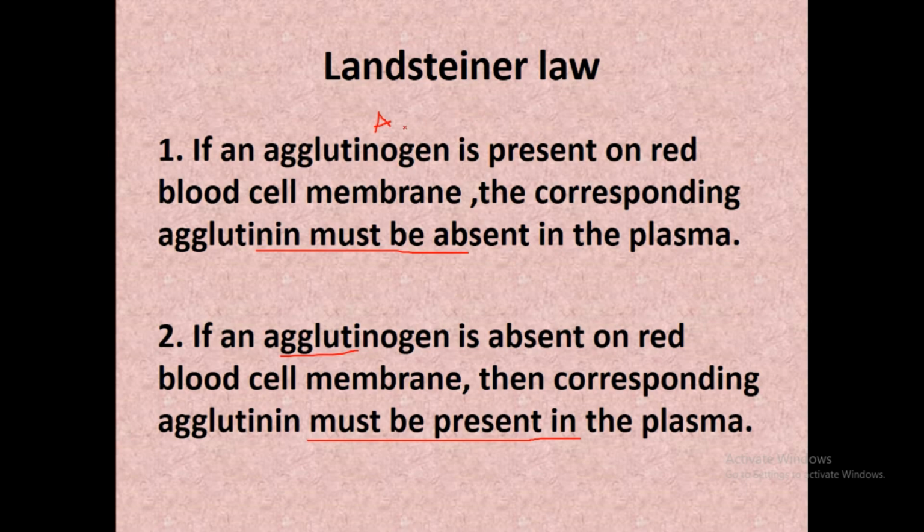If someone has blood group A, which has antigen A on the surface of RBC, then if agglutinogen A is present on the red blood cell membrane, the corresponding agglutinin anti-A must be absent in their plasma. So here agglutinogen A is present, so the corresponding agglutinin, anti-A, must be absent in their plasma.